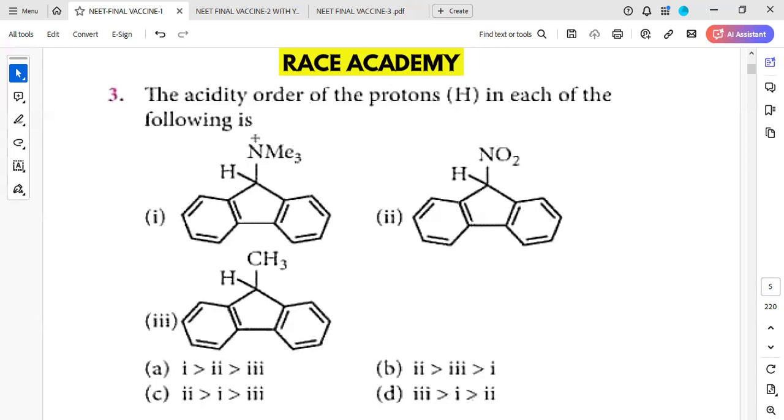Here we need to understand a few things: in Me3, the methyl group is there 3 times on that nitrogen, and that actually shows a minus I effect.